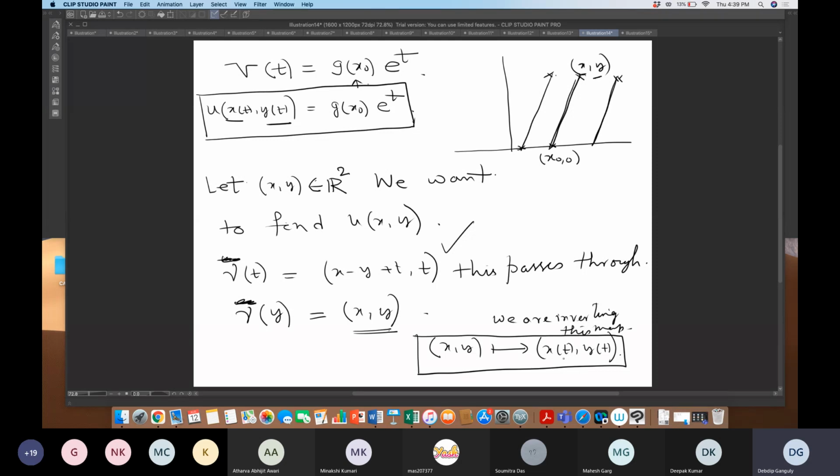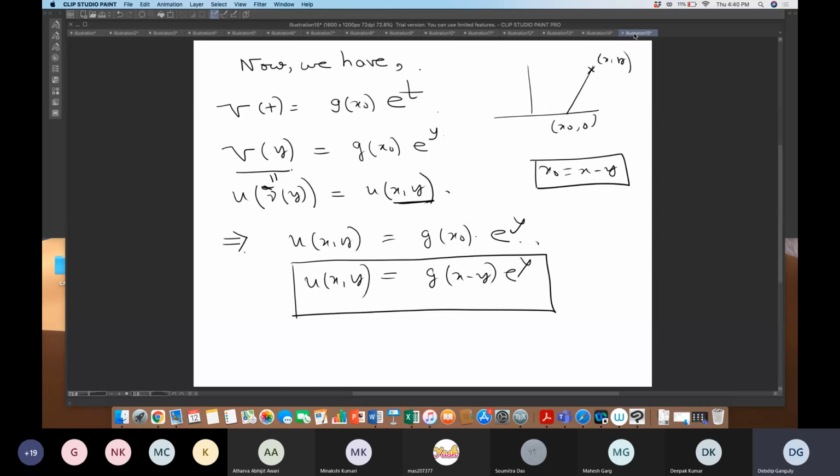We found it in terms of x and t. Now we want the solution in terms of x and y, so we invert it here. For that we use a special trick: for gamma t, you have to find a straight line passing through x and y with a slope of 1. Gamma t, x minus y plus t, is the parameterization of a straight line. So it passes through xy at the point y. And this way we compute xy.